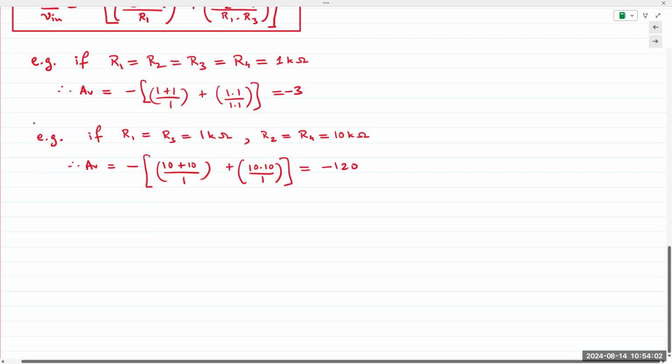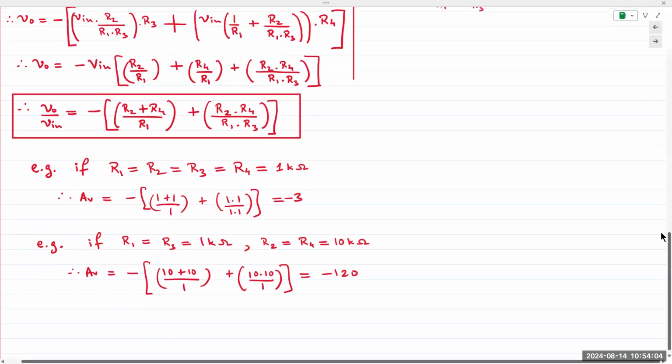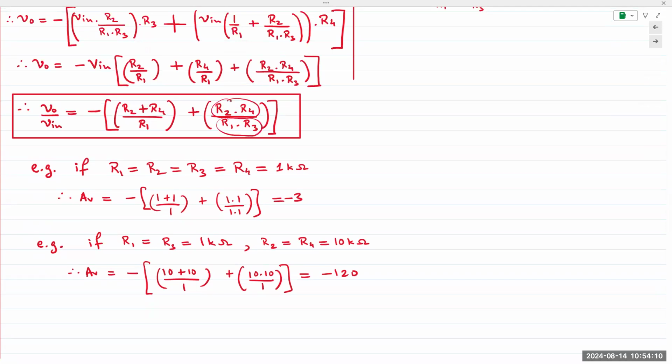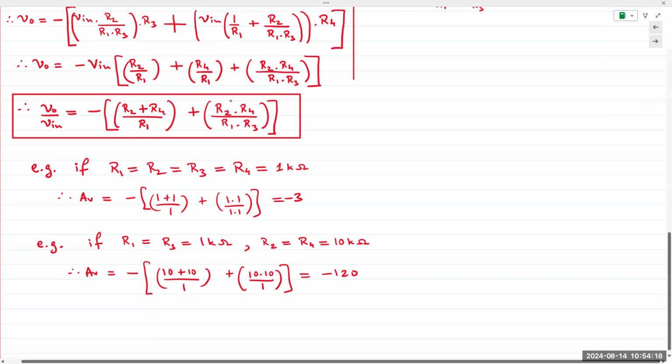And the reason, of course, I took R2 and R4 as the same is because R2 and R4 are multiplied here, divided by the product of R1 and R3. So if I want a high gain, I would ensure that R2 and R4 have high values compared to R1 and R3. So by using a reasonably sized resistor, which 10K I would say is reasonable, I can obtain a very large gain exceeding 100.